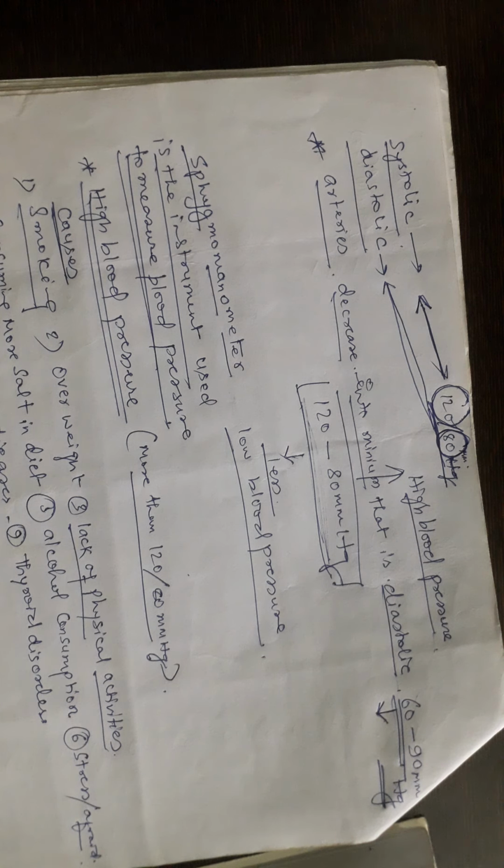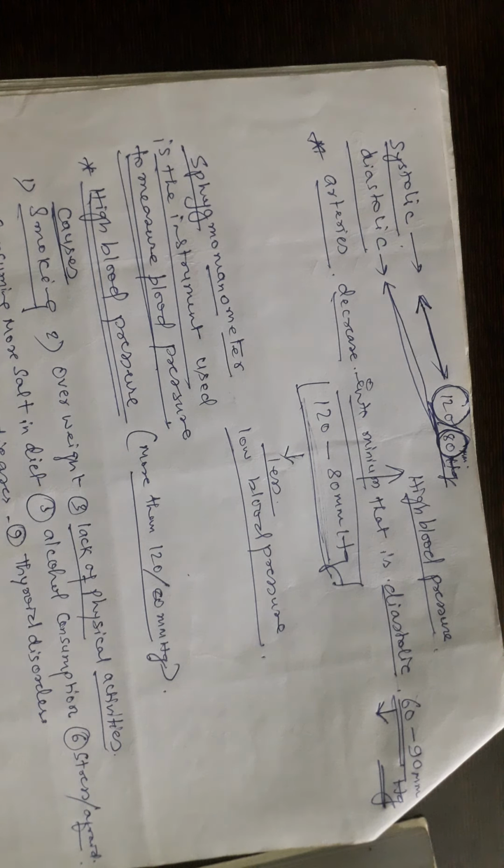If a person gets more than 120/80 mm Hg, then the person is suffering from high blood pressure. And if he or she gets less than 120/80 mm Hg, then we say he or she is suffering from low blood pressure.